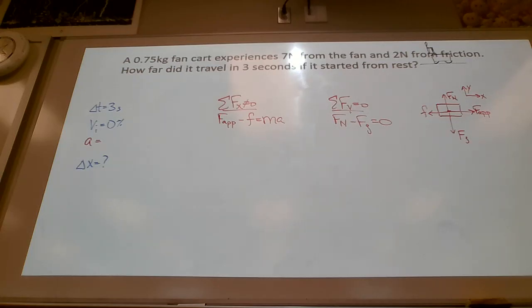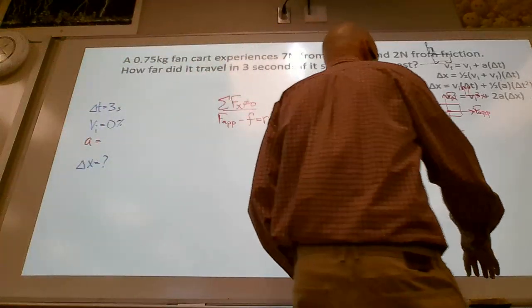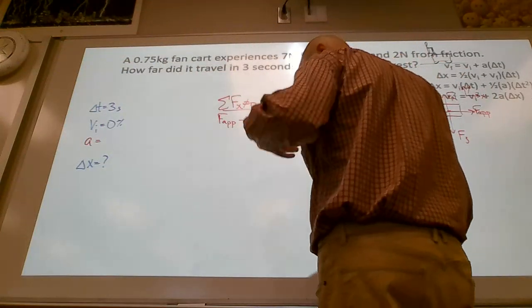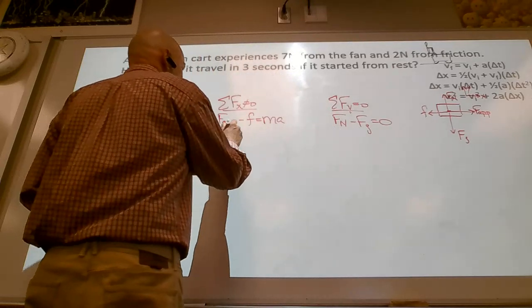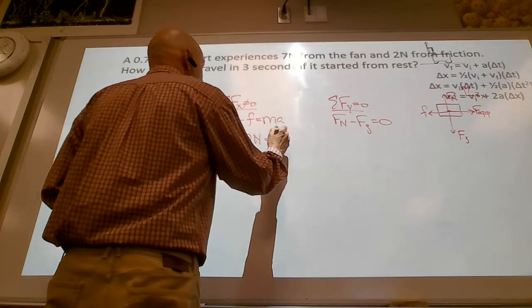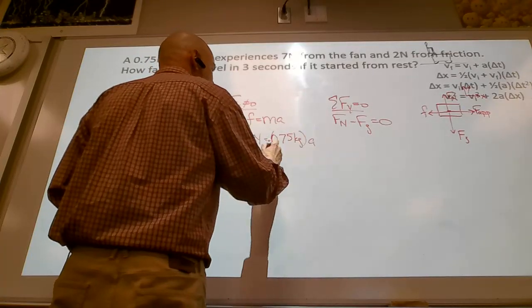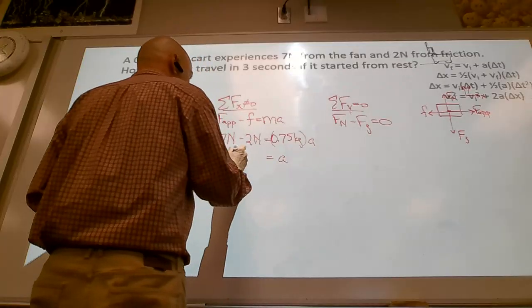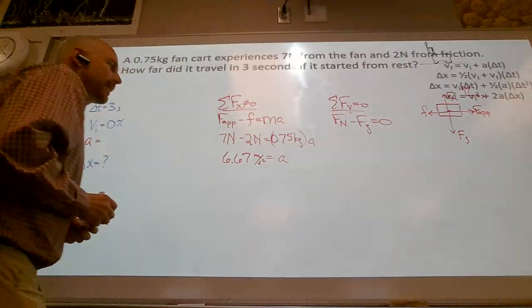Okay. So here's a kinematic equation. You found that to be 7 newtons minus 2 newtons is equal to 0.75 kilograms times acceleration. Acceleration is 6.67 or roughly, yeah. Okay.